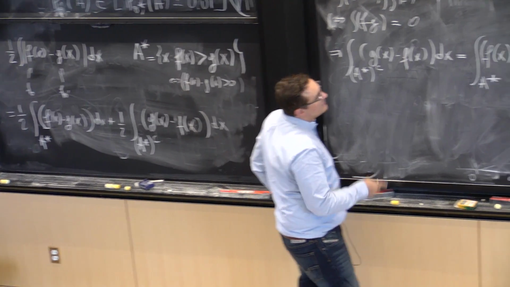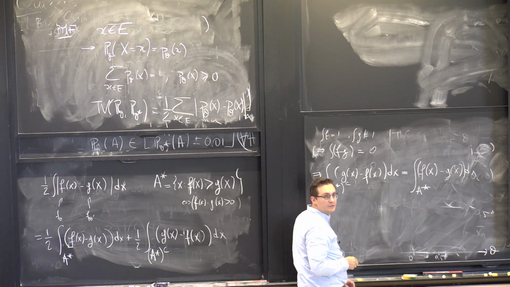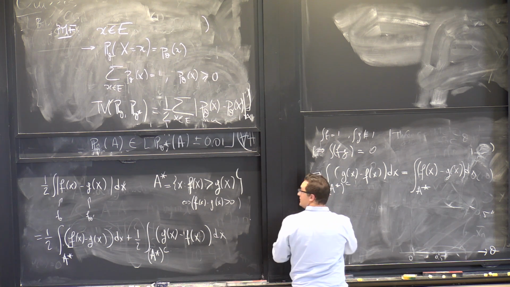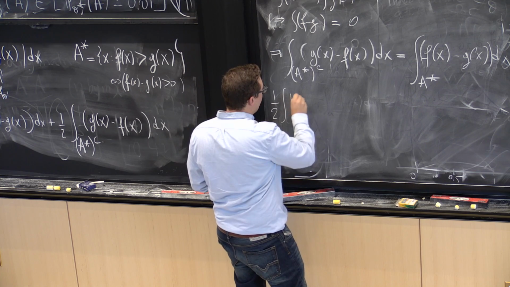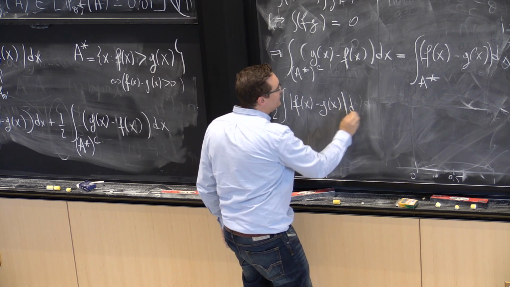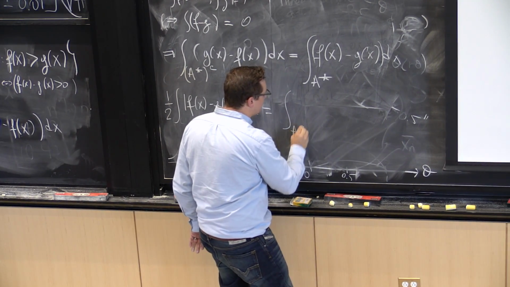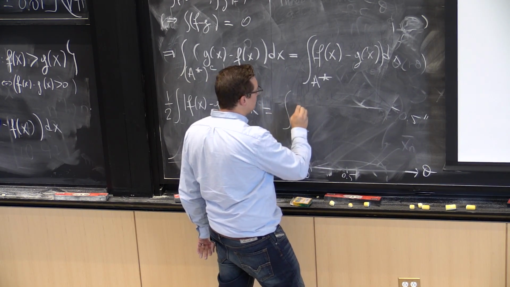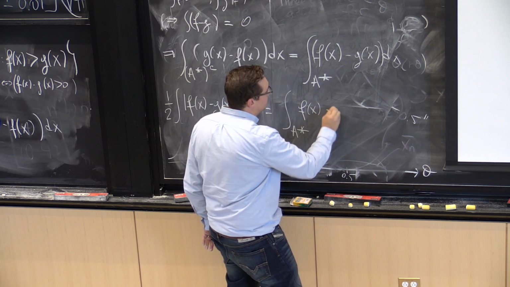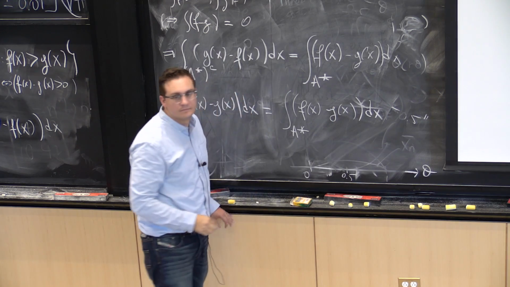All right. So now this guy becomes this guy over there. So I have 1/2 of this plus 1/2 of the same guy. So that means that 1/2 of the integral of the absolute value of f minus g, which was my original definition, is actually equal to the integral on A star of f of x minus g of x dx.